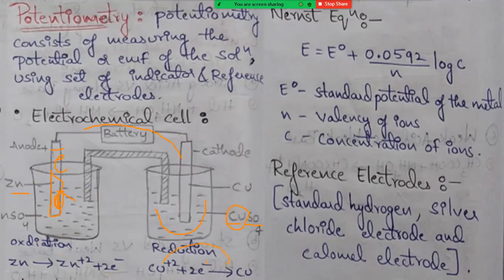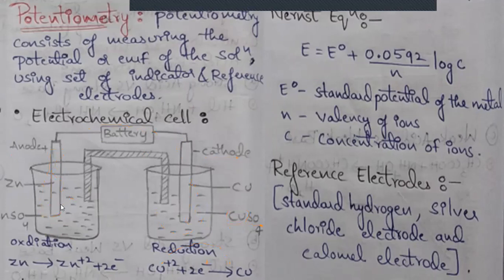So more copper will be deposited on the cathode side, whereas on the anode side, the zinc electrode will be slowly getting melted out. That is the difference that we can see between the zinc electrode and the copper electrode, right?